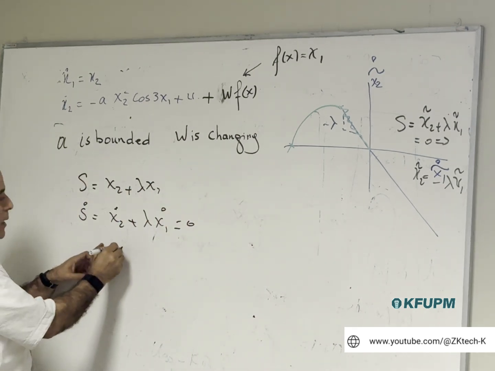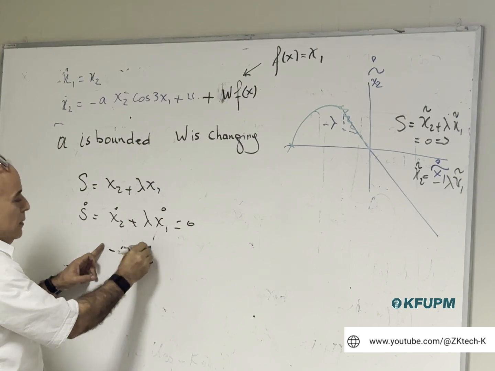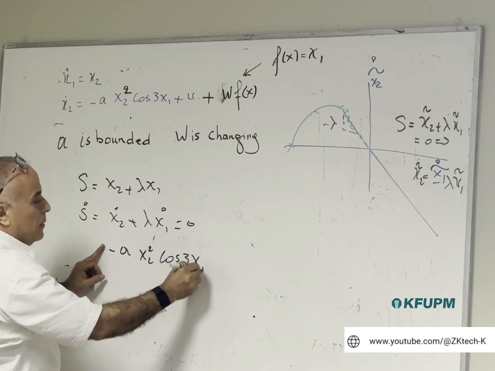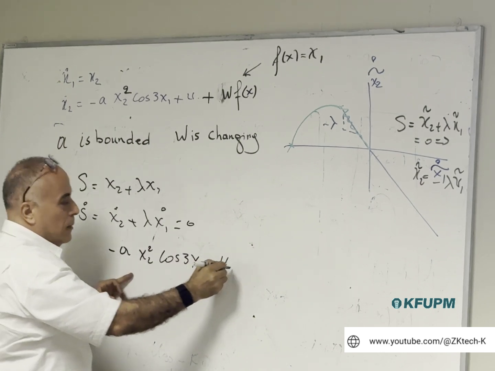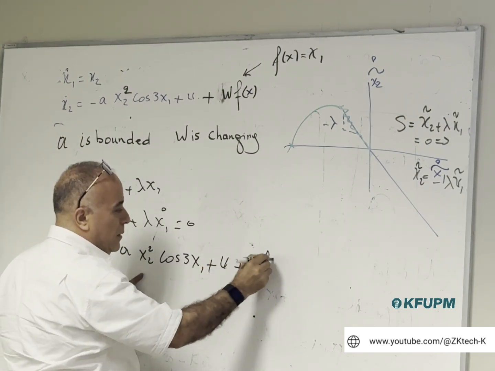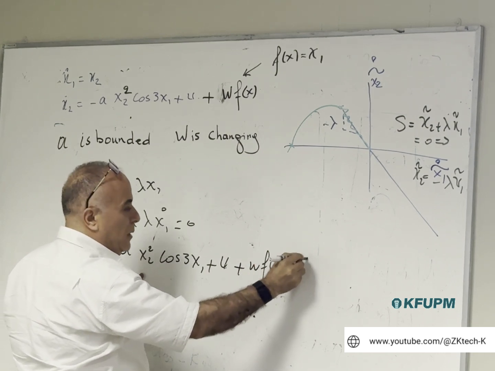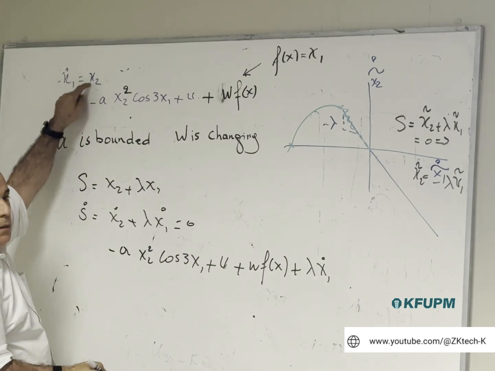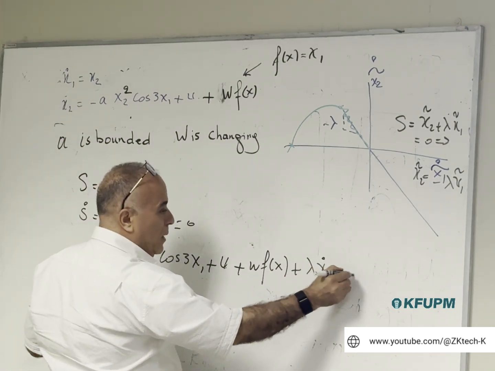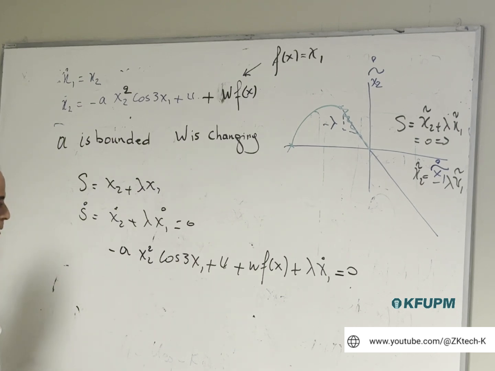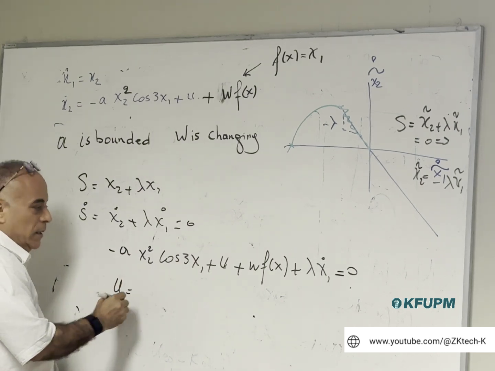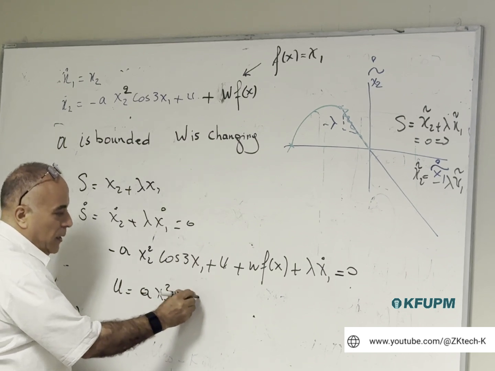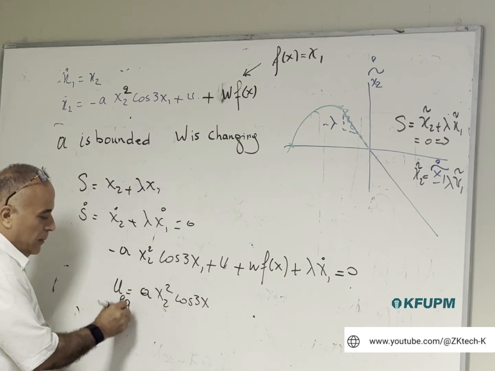This means minus a x2 squared cosine of 3x1 plus u plus w f of x plus lambda x1 prime, which is x2 here. This has to be equal to 0 on the sliding surface. So from here I can conclude that u is equal to a x2 squared cosine of 3x1. This is u equivalent.